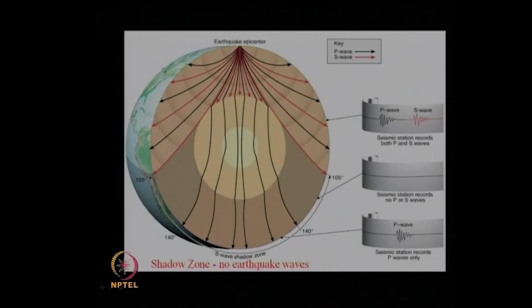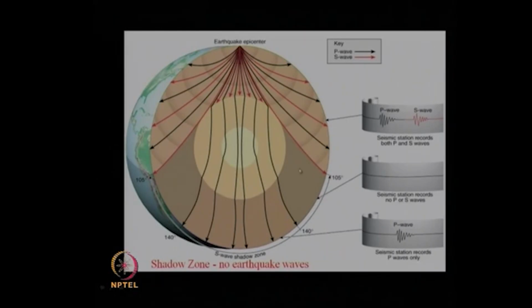So, you can see all over the world, any earthquake occurring at any point, whether in the deep ocean, in a continent or in a desert, can get recorded at various seismic stations located across the world. And the shadow zones mean no earthquake waves. S wave shadow zone means no S wave, and P wave and S wave shadow zone means no P wave and no S wave.